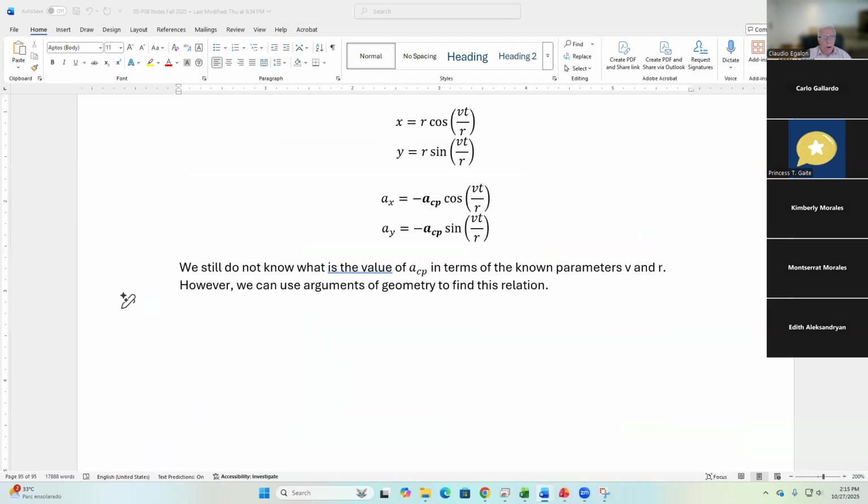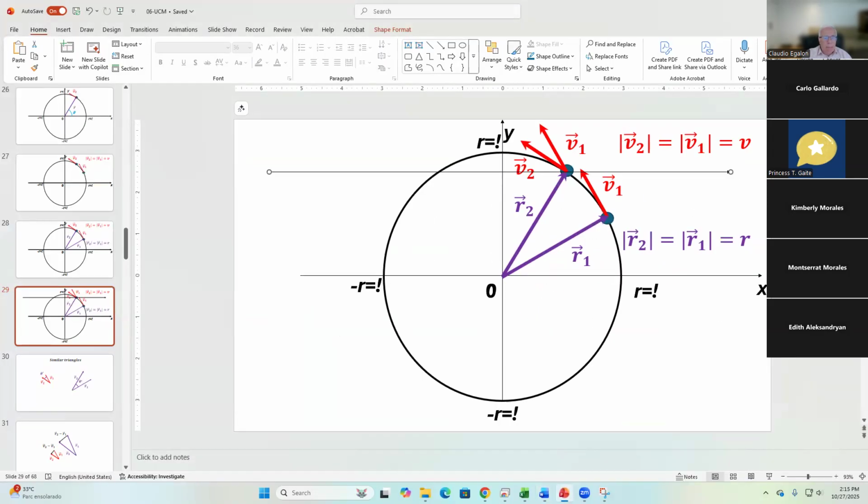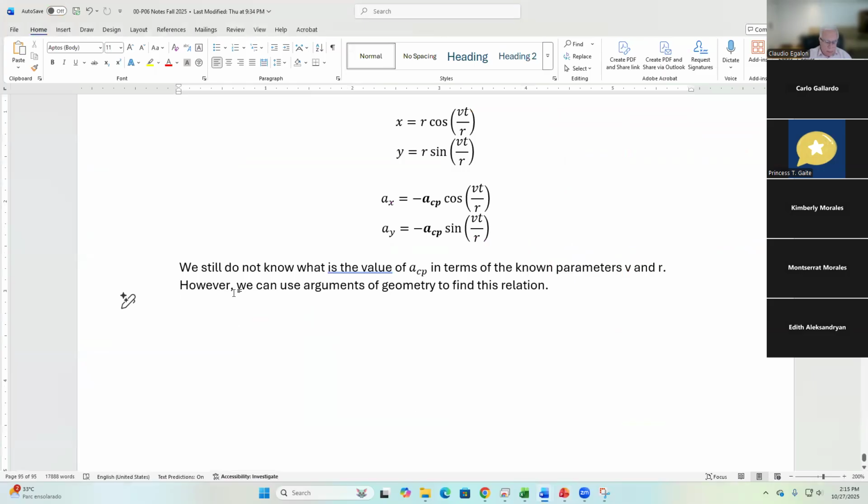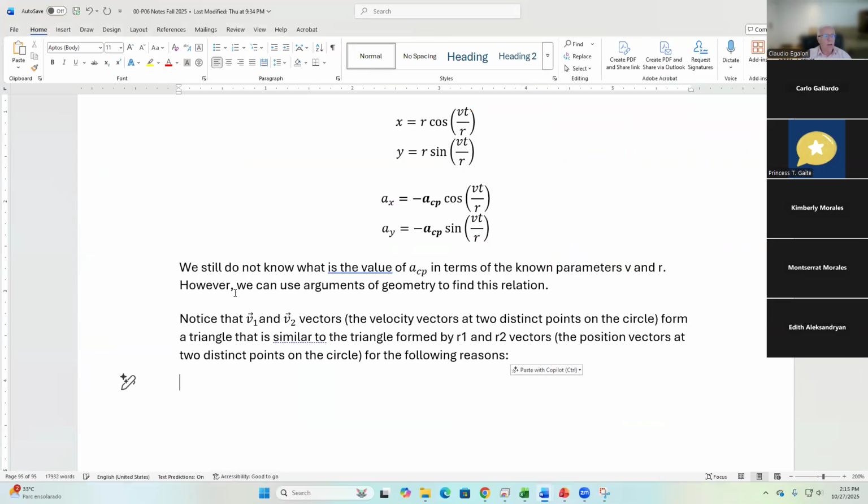Okay, so here you go. And that's the important relationship. Notice that the V1 and V2 vectors, velocity vectors at two distinct points in the circle, form a triangle that's similar to the triangle formed by the R1 and R2 vectors. Let me copy that here.